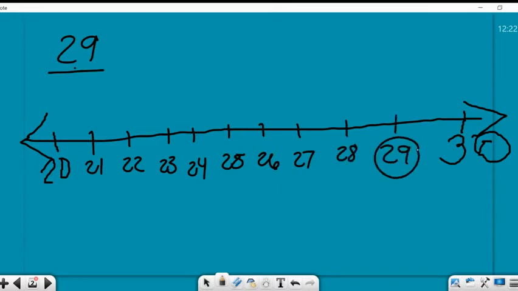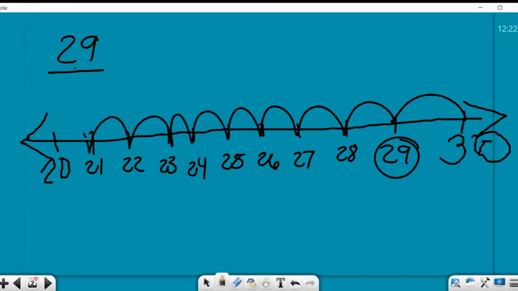So 29 is the number that I'm looking at. So would 29 be closer to 30, or would it be closer to 20? It'd be closer to 30 because I only have to hop one time to get to 30, but to get to 20, I have to hop 1, 2, 3, 4, 5, 6, 7, 8, 9. So it's closer to the 30.